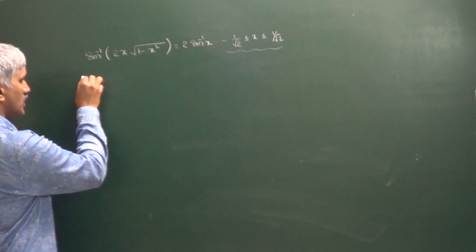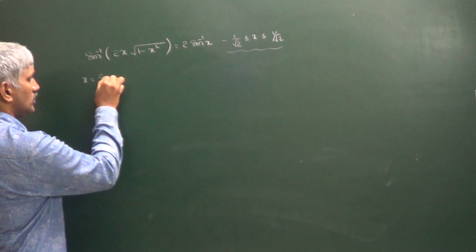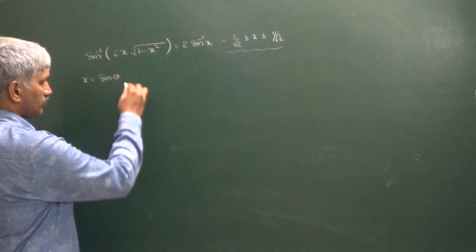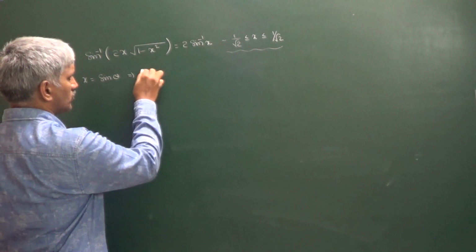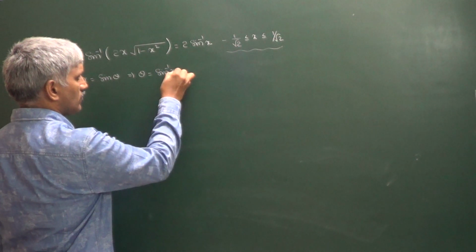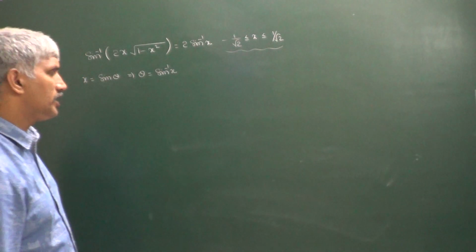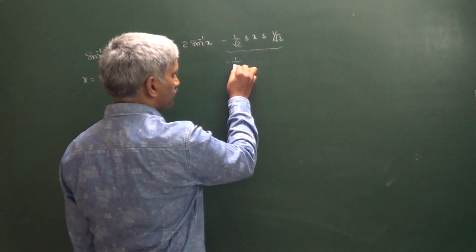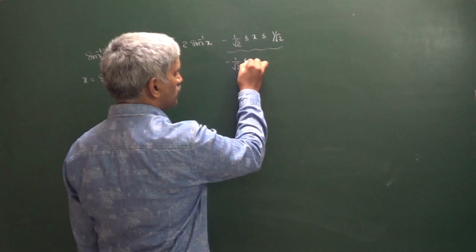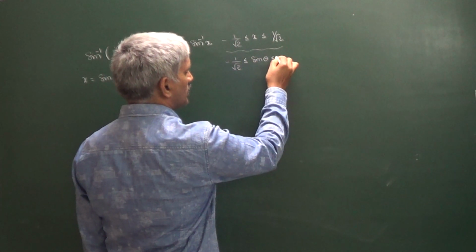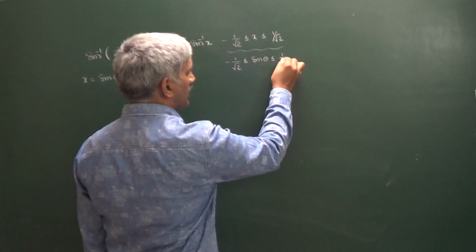What I am doing here is taking the substitution x is equal to sine theta. Whenever we write x is equal to sine theta, we can write theta is equal to sine inverse x. So minus 1 by root 2 less than or equal to sine theta less than or equal to plus 1 by root 2.